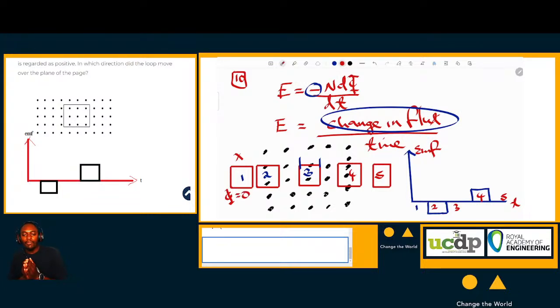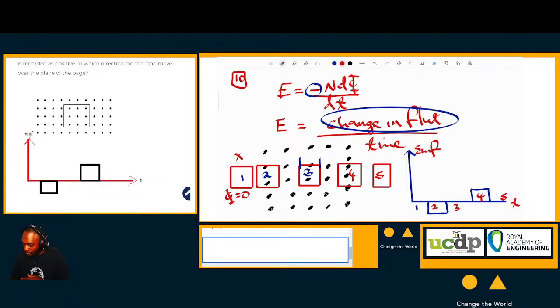But as we are moving to position 2, flux is increasing from 0. Okay. Are we together at that point? So if the flux is increasing, don't we have a changing flux? We do.